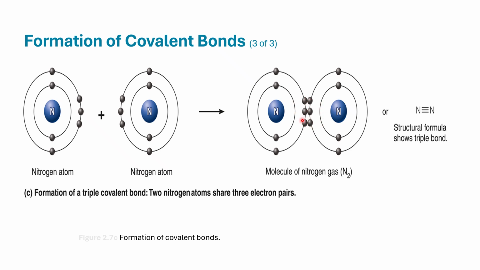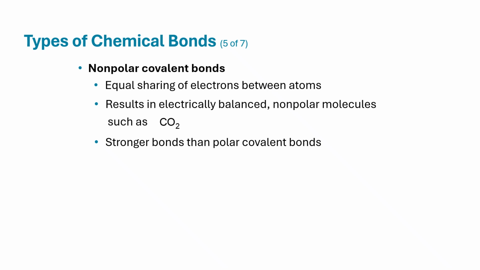So it's got 8 in the shell. So that would form N2, 2 nitrogens stuck together. So they're sharing those electrons. So when there's 3 sets or 6 electrons, that's when you get a triple bond. And a triple bond is stronger than a double bond. The bigger the bond, the stronger the bond.